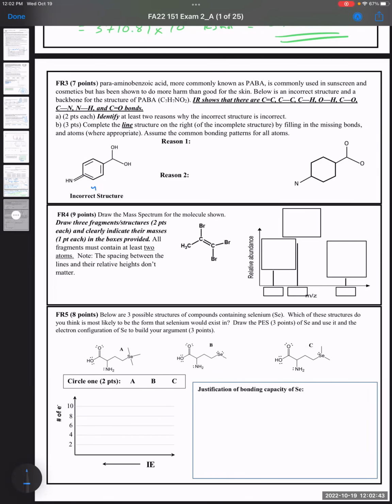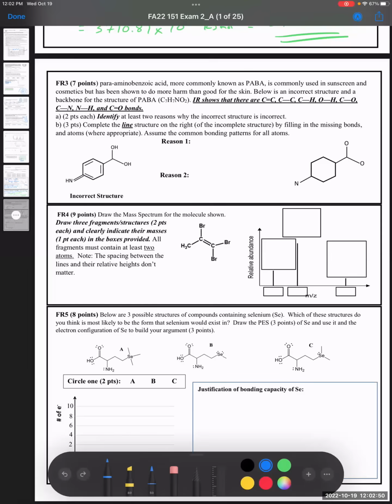And a backbone for the structure of PABA. So here's the backbone, okay? And also we are given the IR spectra information. You're told that we have these bonds in our molecule.